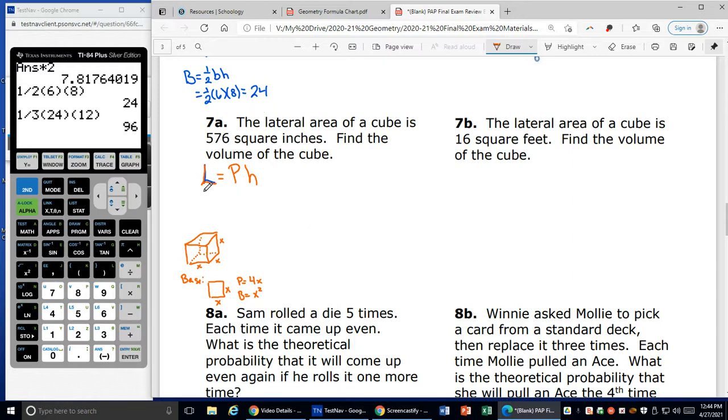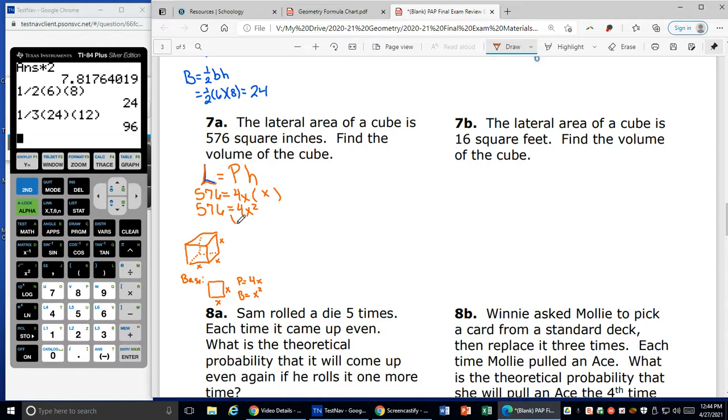The lateral area is 576. My perimeter is 4x. The height of my cube is x. So this is really 576 equals 4x squared.